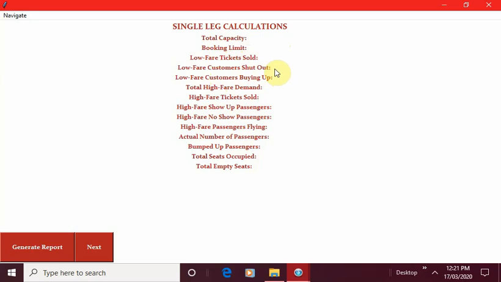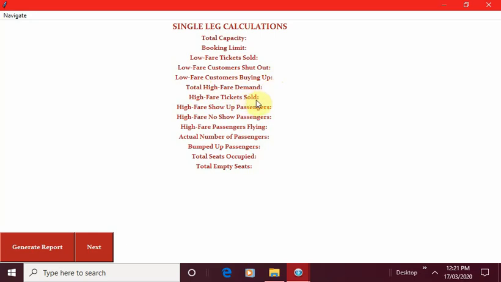The number of passengers there is 132, so the shutout numbers will be there. Low fare customers buying up, the probability of each customer buying up would be 0.3, that is 30% will come. Total high fare demand would be, the high fare demand is 40, and the number of passengers who are willing to buy the high fare tickets will be added here.